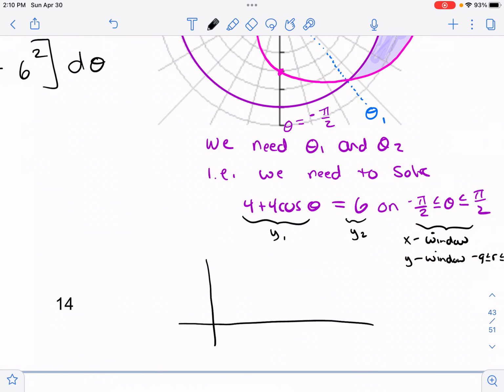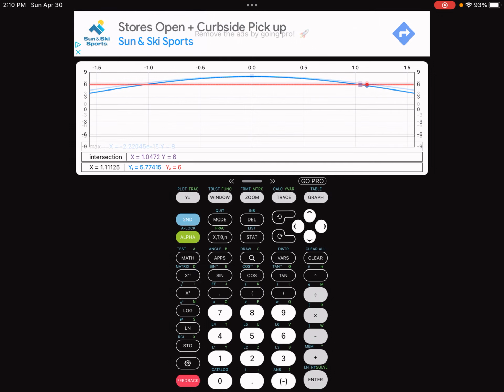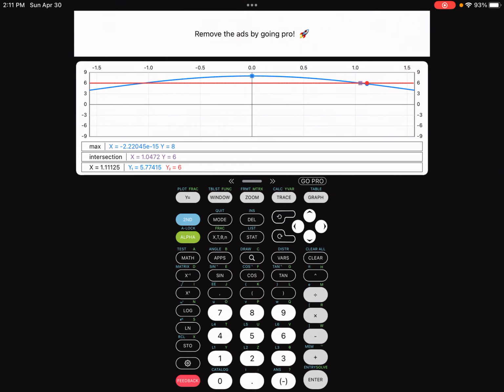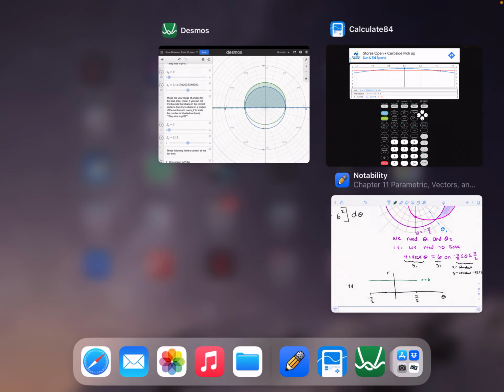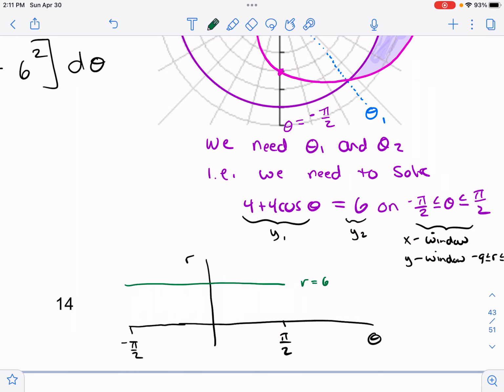Just going to sketch this really briefly. So we have theta and r, from negative pi over 2 to pi over 2. I have r equals 6, and then the curve 4 plus 4 cosine theta, it's just going to look like that. So we want these intersections.